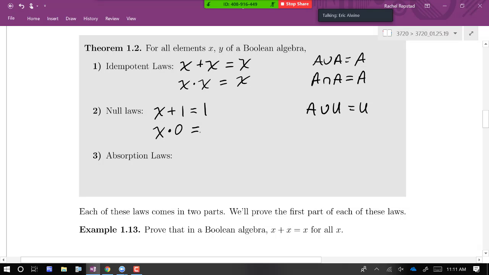That's going to be the empty set, right? And in Boolean algebra, we'd say it's going to be 0. And when we write this equation with sets, it looks like if you take a set and intersect it with the empty set, you get the empty set.